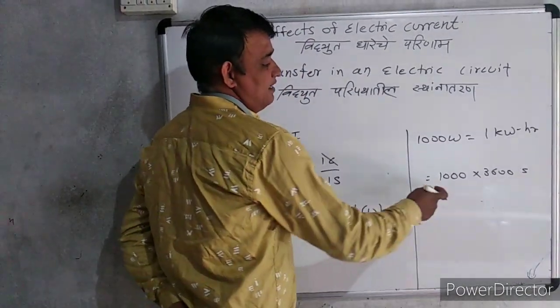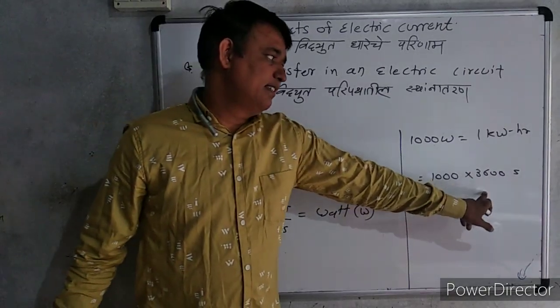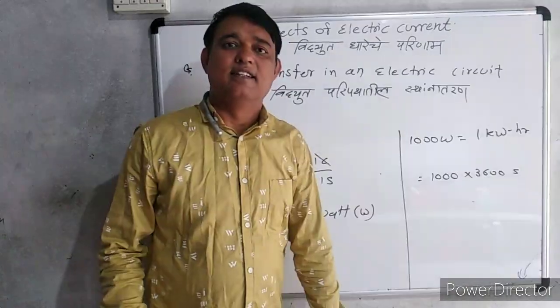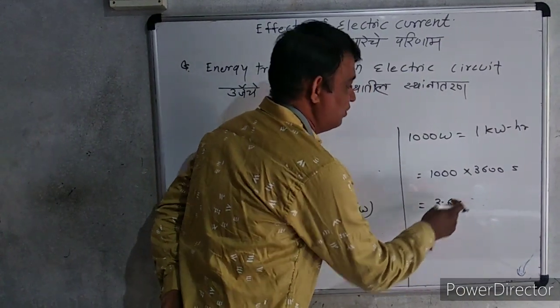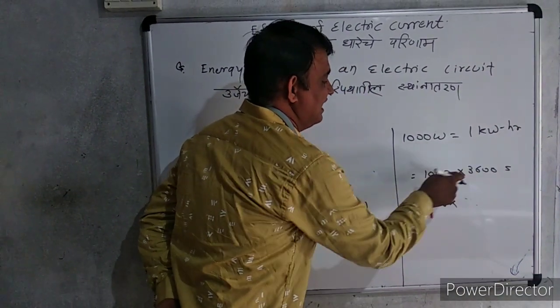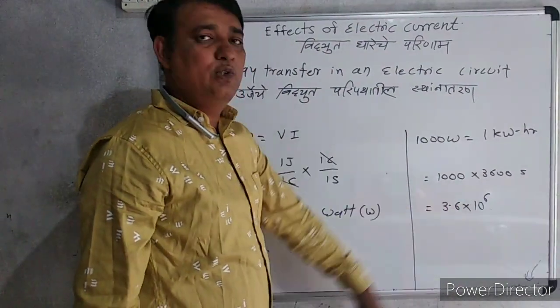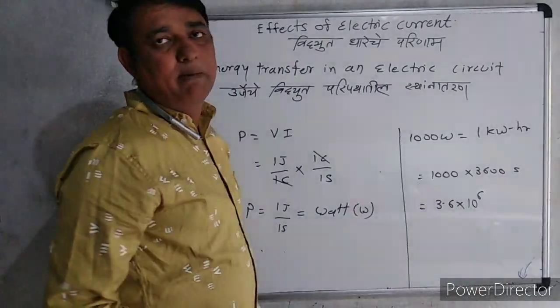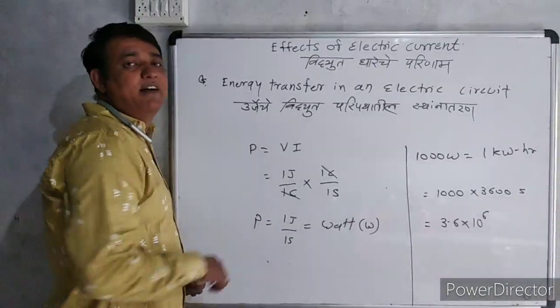So we can rewrite this as 1000 watt and 3600 second. So we can convert it as 3.6 into 10 raised to 6, that is the kilowatt-hour. So we can write the unit of power.